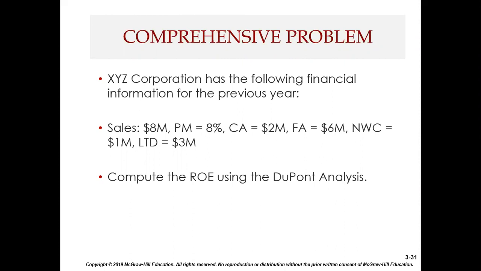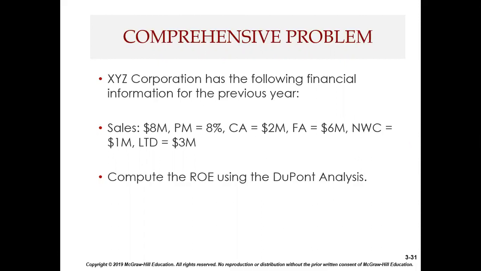Okay, so that is how we determine the ROE using the DuPont analysis. Just want to make sure, net working capital. Oops, sorry, I did something wrong. Forgot about current liabilities. So let's step back here a second. When we're doing our equity multiplier, the total assets are 8, but our total equity will be current assets plus fixed assets.